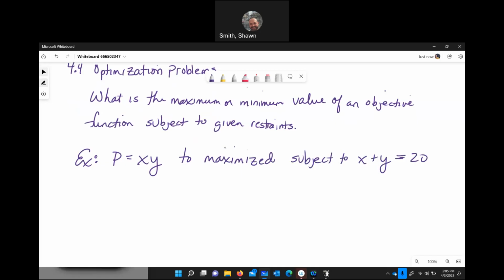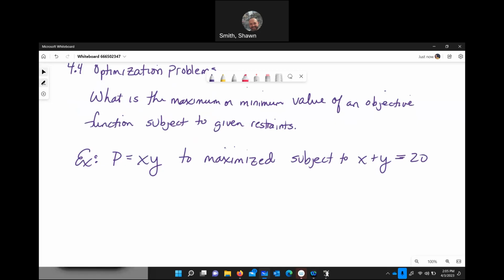It could just be a mathematical equation representing two variables being multiplied, but the sum of those two variables cannot be anything but 20. So you can pick anything you want for X and Y as long as the sum is 20: 19 and 1, 18 and 2, and so forth, right? But then when you multiply, and this can be decimals too, I'm just picking nice whole numbers to start off with. You'll be there all day long, right? You probably can figure it out just by not using calculus, but this is the procedure.